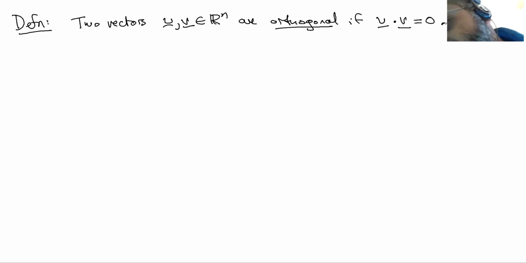This is the definition of perpendicular in high dimensions, right? Perpendicular, we know how to visualize in 2 and 3 dimensions. We learned that in high school. But how do you visualize it in 1,000 dimensions? Or how do you even define it? This is the definition.